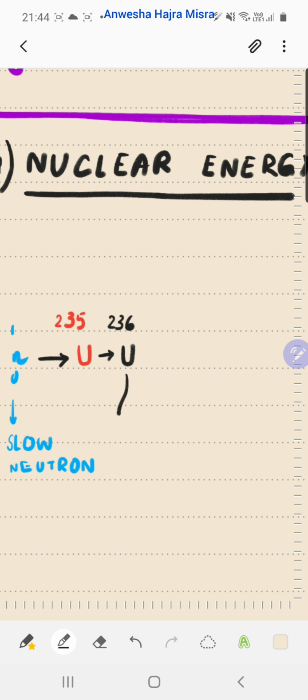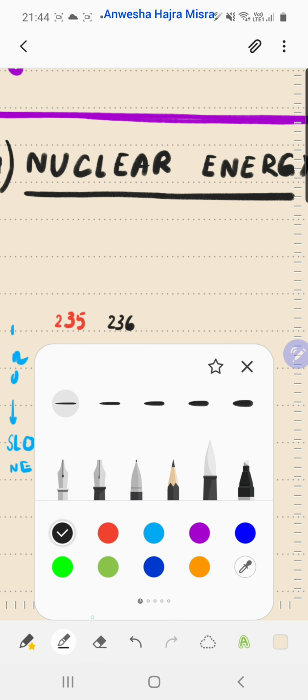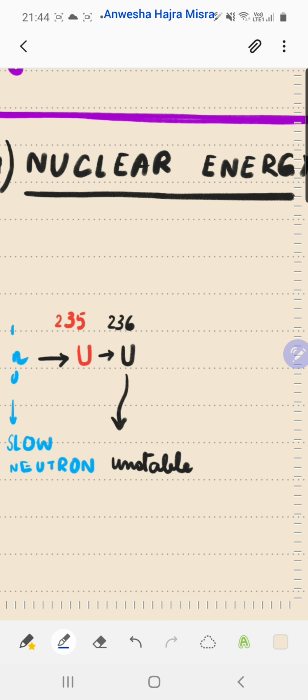Now, this uranium-236 is very unstable. It immediately breaks up into barium, krypton, and 3 more neutrons.